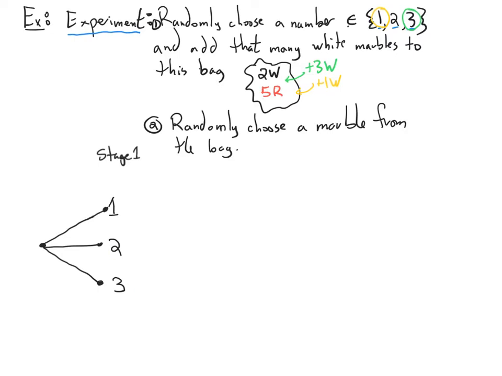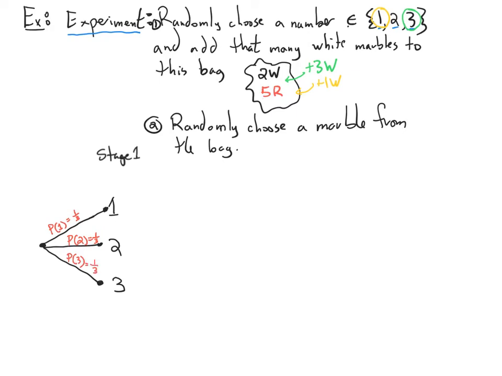So what we're going to do is write down the probability of getting each of these events. In this case, the probability of getting a 1 is a third. The probability of getting a 2 is, again, a third because it's equally likely. And the probability of getting a 3 is, again, a third.